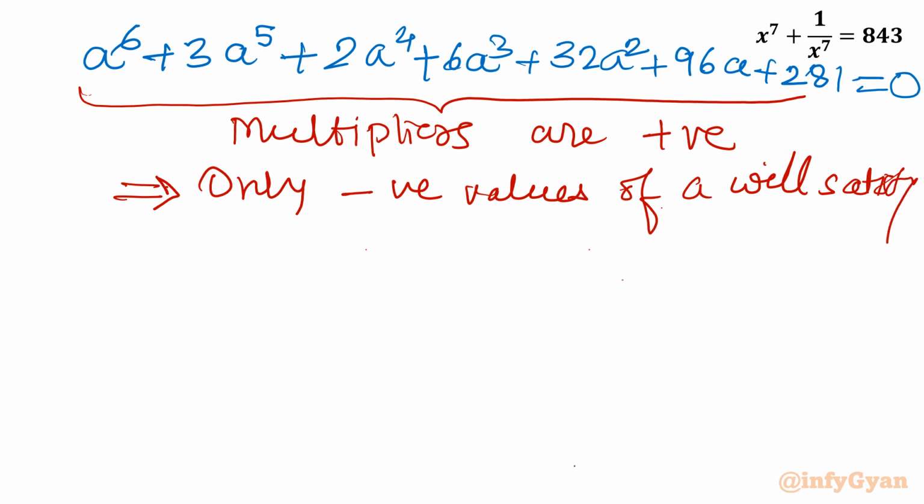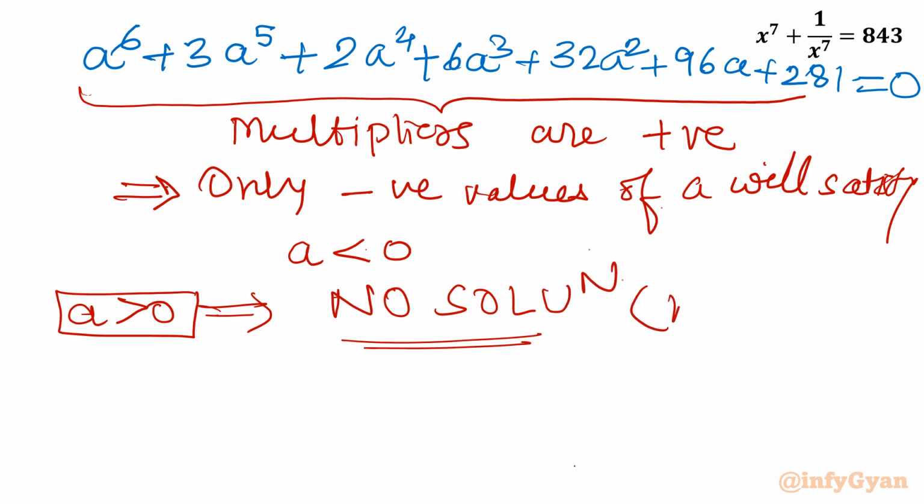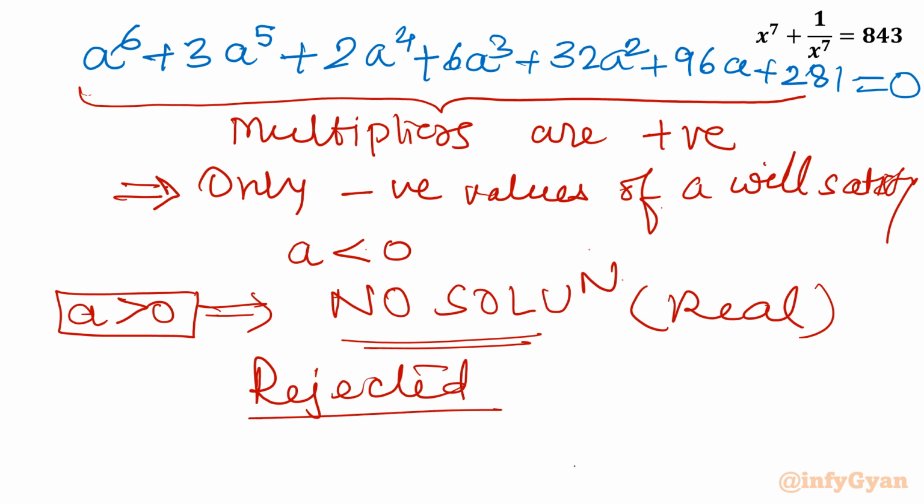That means a will be negative, but we are looking for only a positive. So no solution. No solution we will get from here, and I am talking about real only. So we will reject this equation ultimately. Equation rejected for real solution.